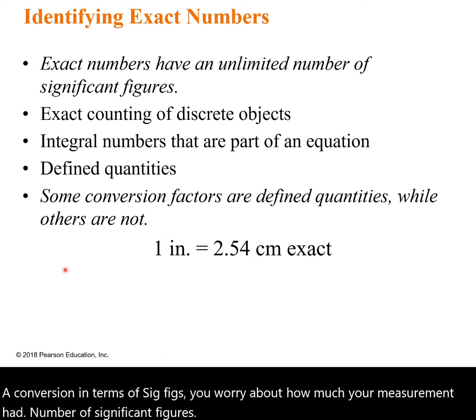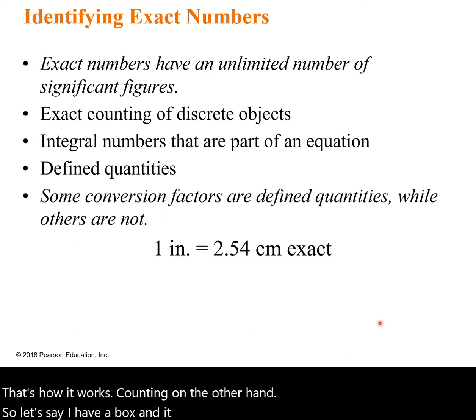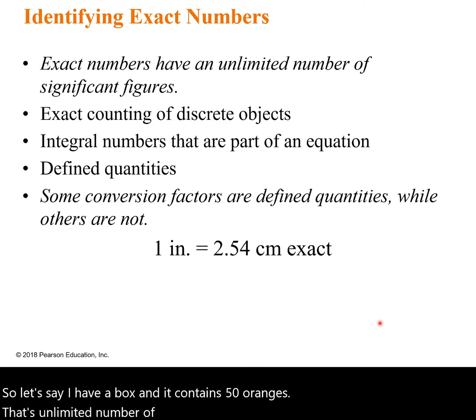That's how it works. Counting, on the other hand: let's say I have a box and it contains 50 oranges. That's an unlimited number of sig figs because when I count them, I shouldn't make a mistake.